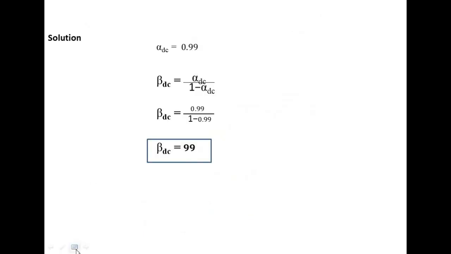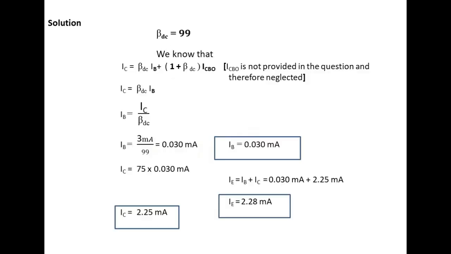Alpha DC is 0.99. So using the relationship beta DC is equal to alpha DC upon 1 minus alpha DC, we have calculated beta DC as 99. We know that IC is equal to beta DC IB plus 1 plus beta DC ICBO.